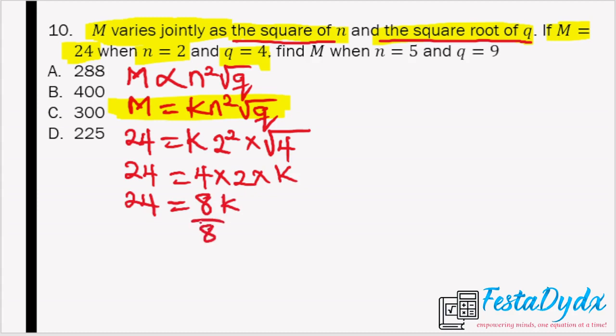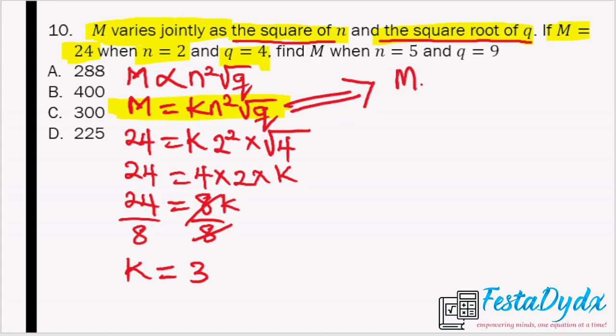Now divide both sides by 8, so we'll be able to get the constant k. If I divide through by 8, the value for k is equal to 3. So now I'm going to bring out a relationship here. The relationship joining these letters together is m equal to 3n square root q.